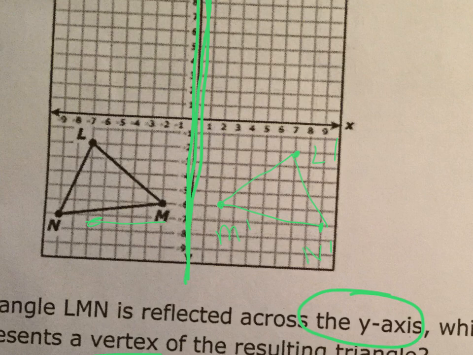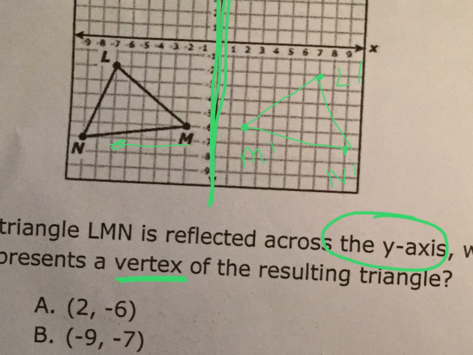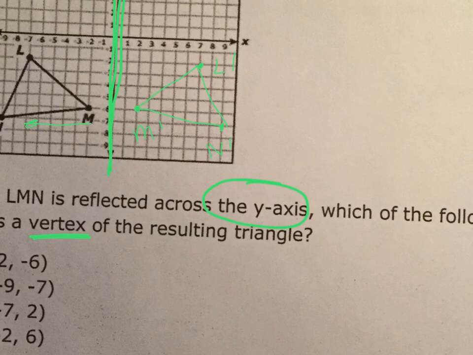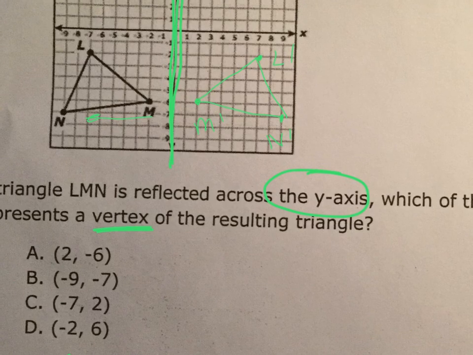Okay, so let's look at our points now and see which one we have. (2, -6). Actually, even easier, I'm going to write all the ordered pairs for these. So let me find some space here. Maybe here.